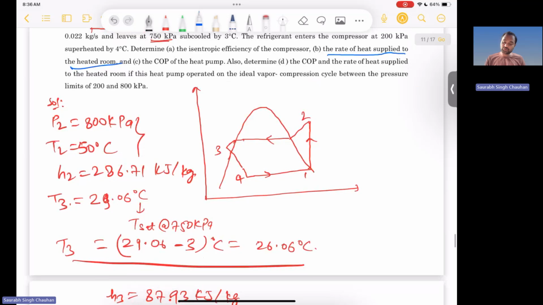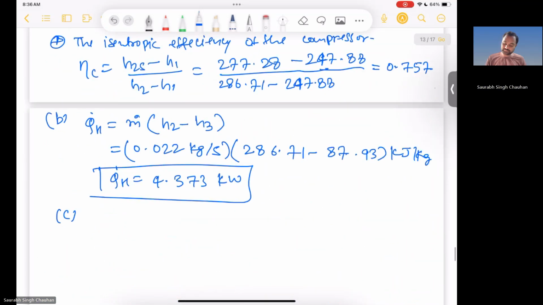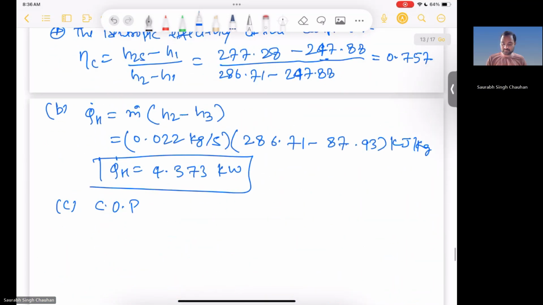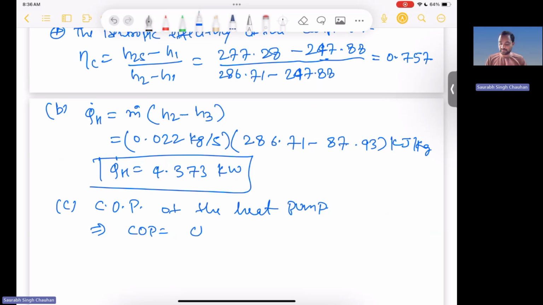We have to find the COP of the heat pump. So COP of heat pump will be how much heat is given to the heated room divided by work input.